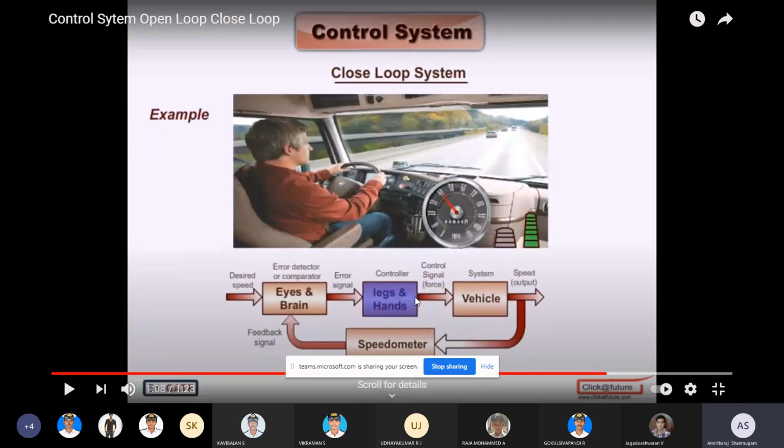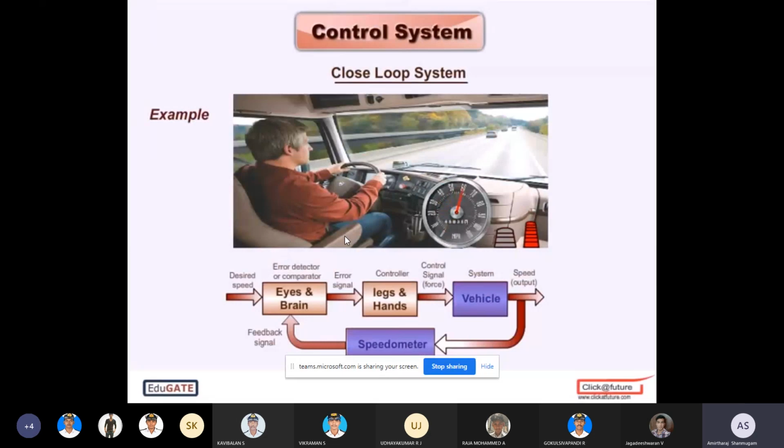Depending upon any obstacles we observe, we professionally drive our vehicle safely. The system is operated safely because of the closed loop system. The speed is controlled.